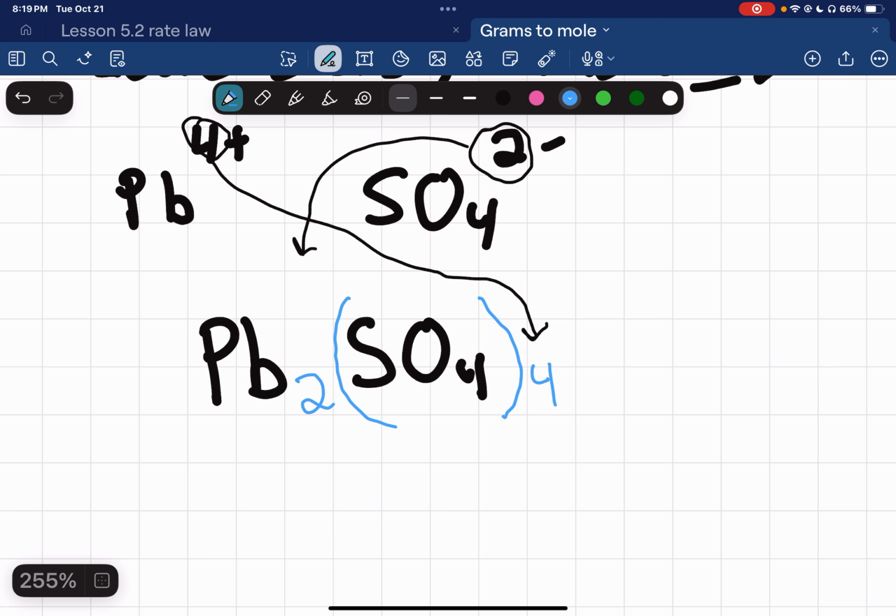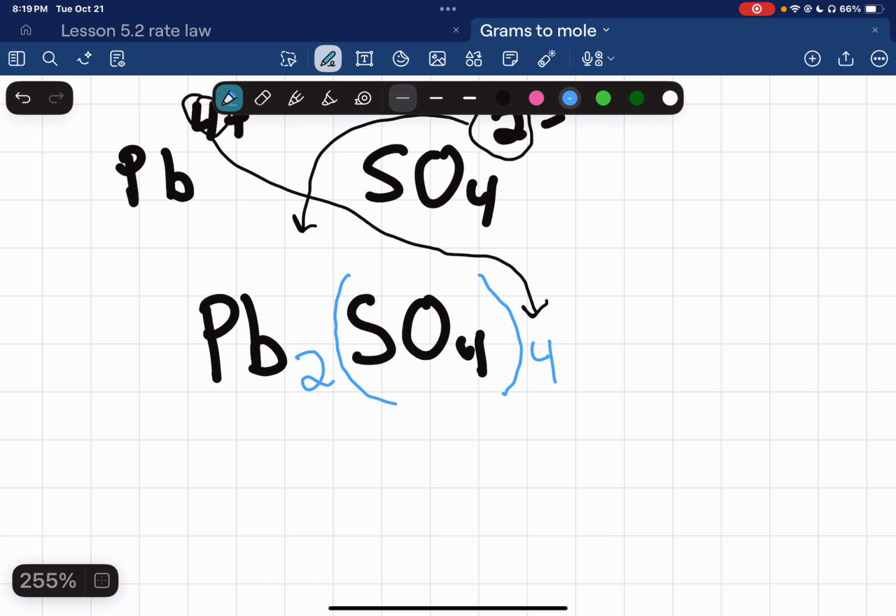Now, I know what some of you are saying. Mr. Dominguez, you're probably throwing stuff at your screen, yelling at YouTube and saying, hey, that is not an empirical formula. That is not its lowest ratio. And you would be 100% correct because we can reduce 2 and 4. Since 2 goes into 4 two times and 2 goes into 2 one time, we can simply take out the 2, erase this, and instead of having a 4, we can have a 2.